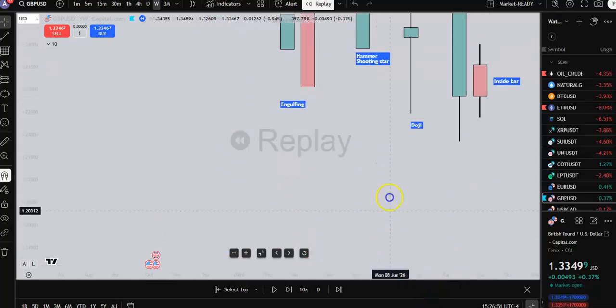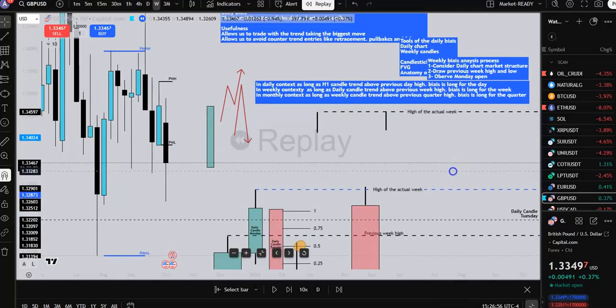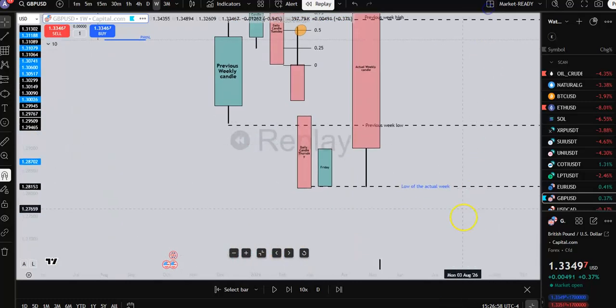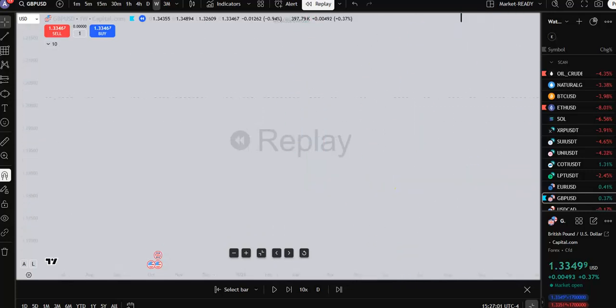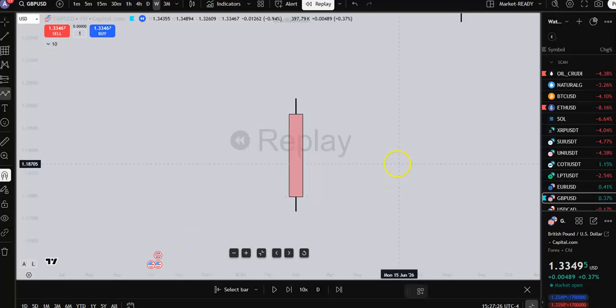The same way as we talked about the weekly candle, for the daily candle, I will take an example of the bearish candle.